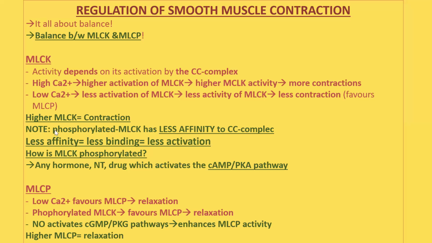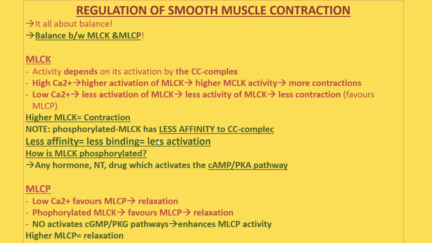But if this MLCK is phosphorylated, it has a phosphate group on it, it has less affinity or less binding capacity to this CC complex. If it has less affinity, it will bind less to the CC complex. The CC complex is responsible for activating it. So if it doesn't bind, it will not be activated, and you have less contraction. So this is another rule.